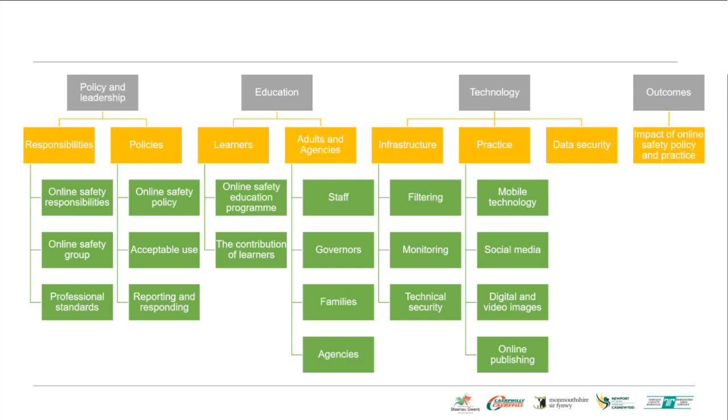Each element provides you with a starting point for the review, and then it will consist of a number of strands and aspects seen underneath. You can see underneath the 4 grey boxes, there are 8 strands in the yellow, and they're divided between those 4 elements. And then each of those strands is further divided into the green aspects underneath. So there are in total 4 elements, 8 strands, and 21 aspects of the review to complete.